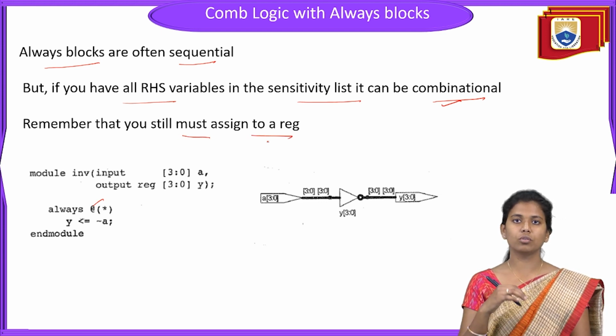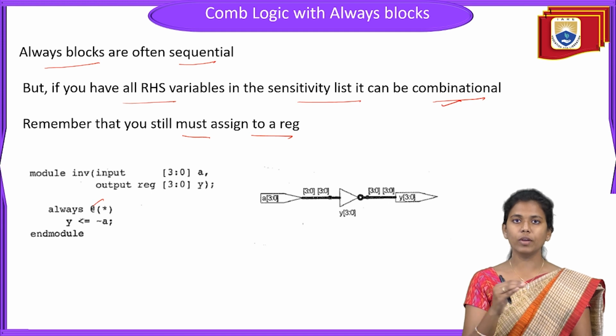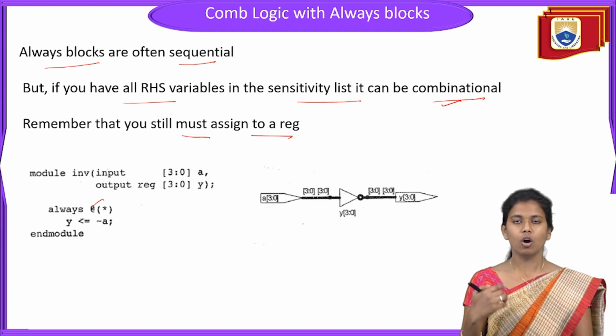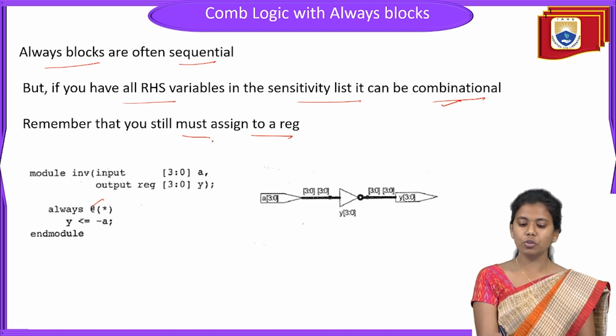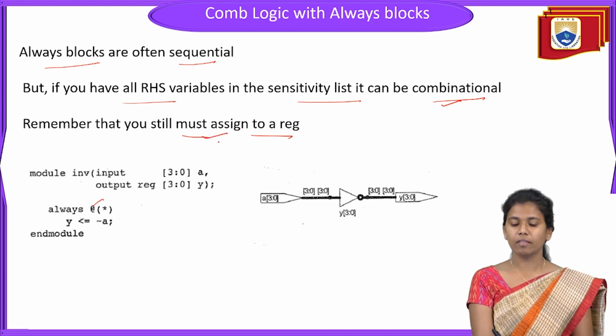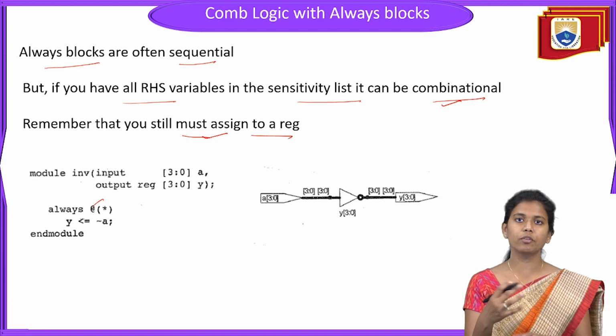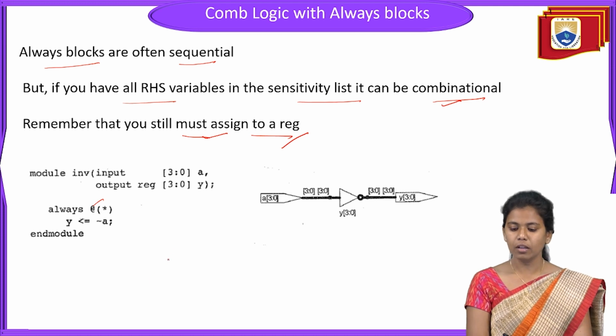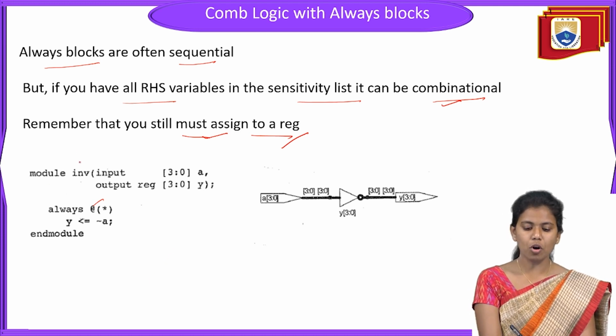So though you are using always @ in the combinational as well as in the sequential, always remember that you have to give the assignment to your proper registers. So this is an example we will see here, module inverter.